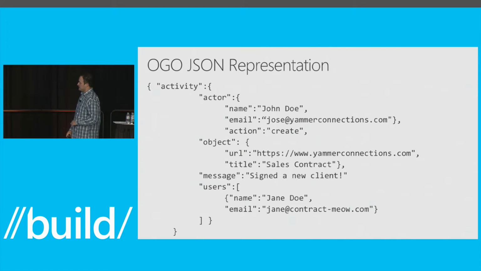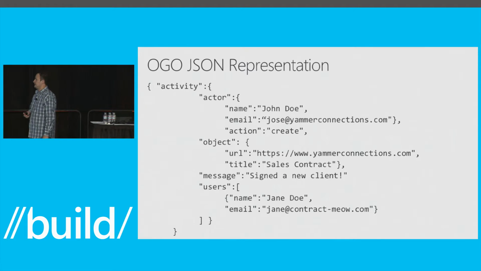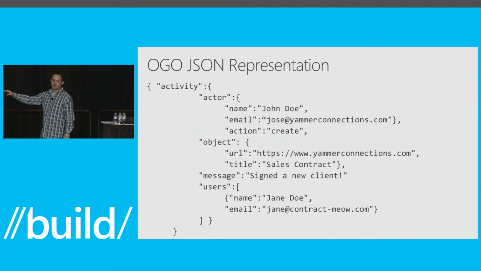We have the message and the users. Message and users are optional parameters. And then there is one parameter that I didn't mention there, that is private. It's a Boolean. If you put that private parameter as part of the JSON and set it to true, then your activities will be private to only the people that are mentioned in the users argument.